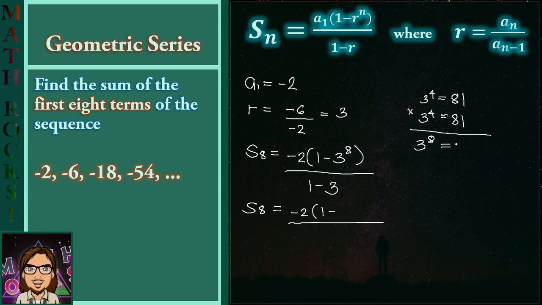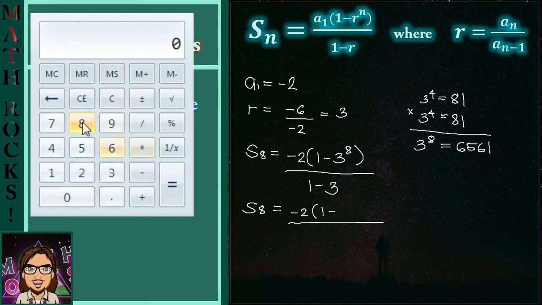So this will probably give us 6,561. We may use a calculator to check this. So we are multiplying 81 with another 81, and that gives us 6,561.